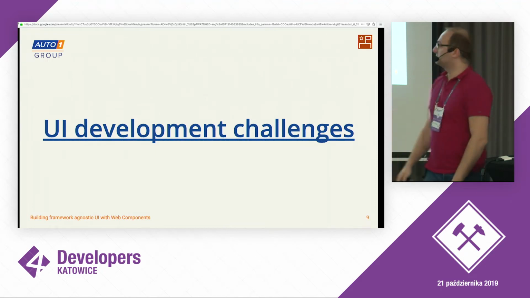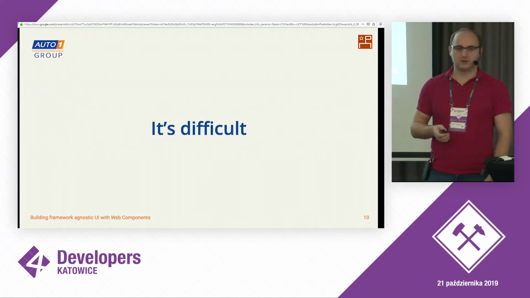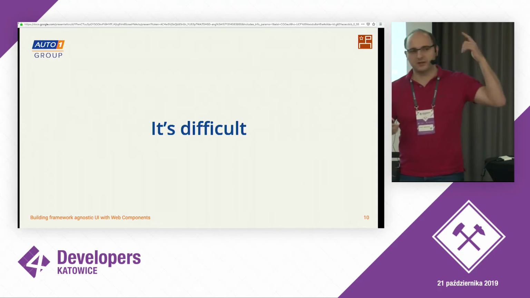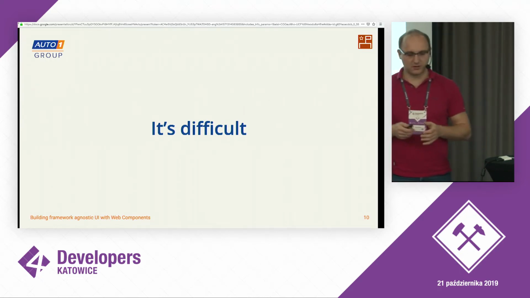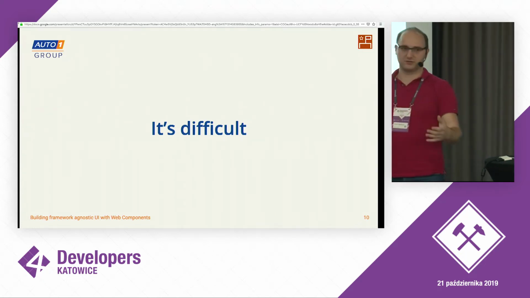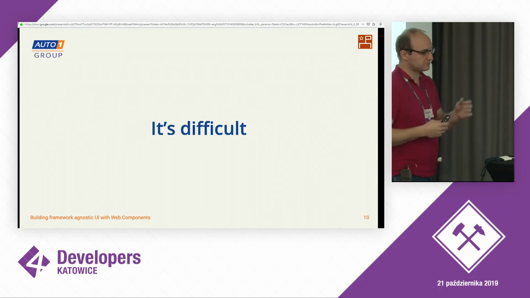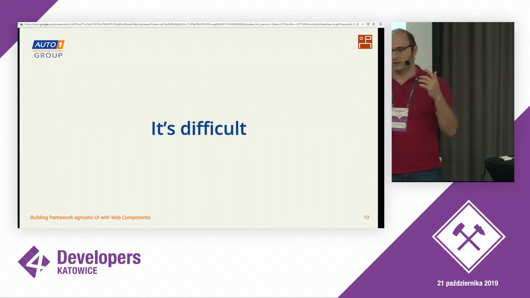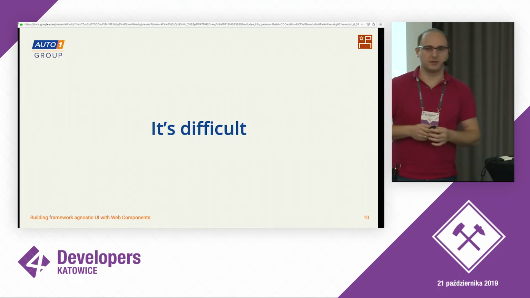So regarding the UI development challenges, this is a difficult topic because you have to think about many use cases. For instance, when I was creating an open source project where everyone was able to use elements for their own needs, for project requirements that were different from the standard CMS project, I had to be aware that any kind of UI element that can be reused might not be used in the way I wanted.